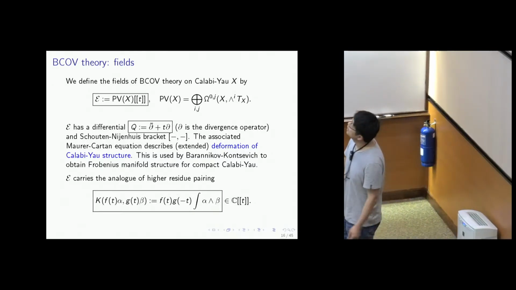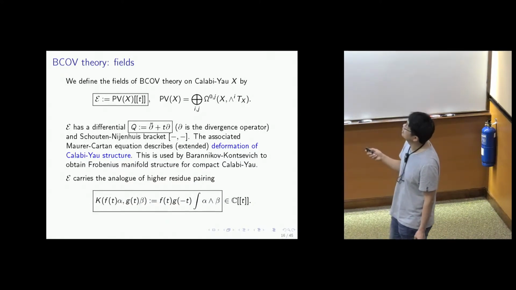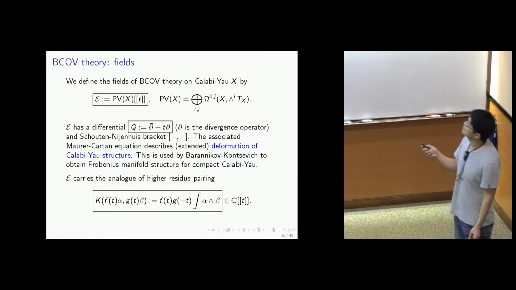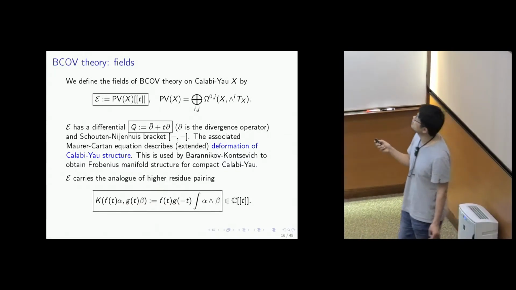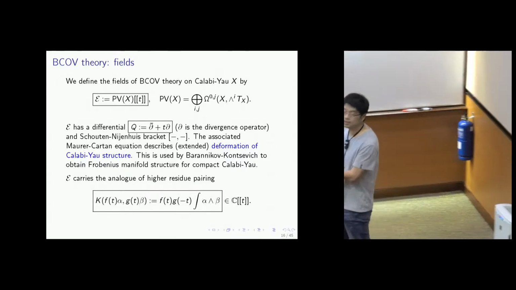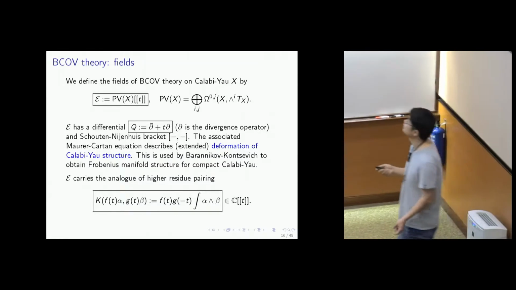And t is a formal variable, and this comes with a differential and a bracket, like a Schouten-Nijenhuis bracket. And this is an interesting DGLA. And somehow this Maurer-Cartan equation describes the extended deformation of Calabi-Yau structure. So this describes the correct equation of motion.